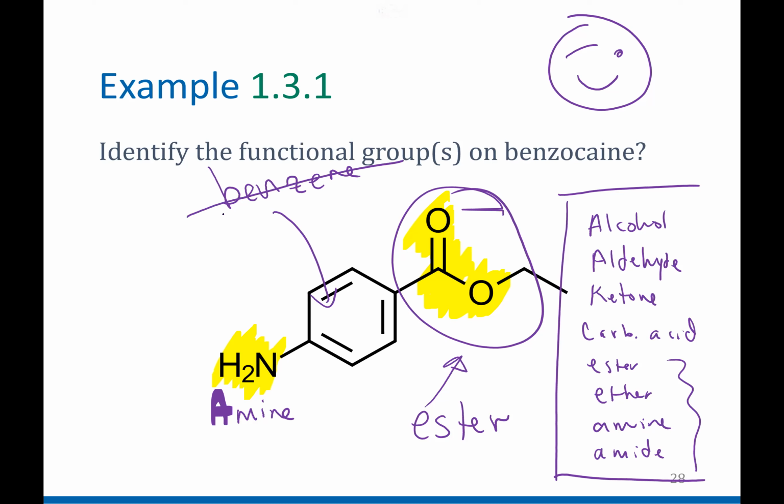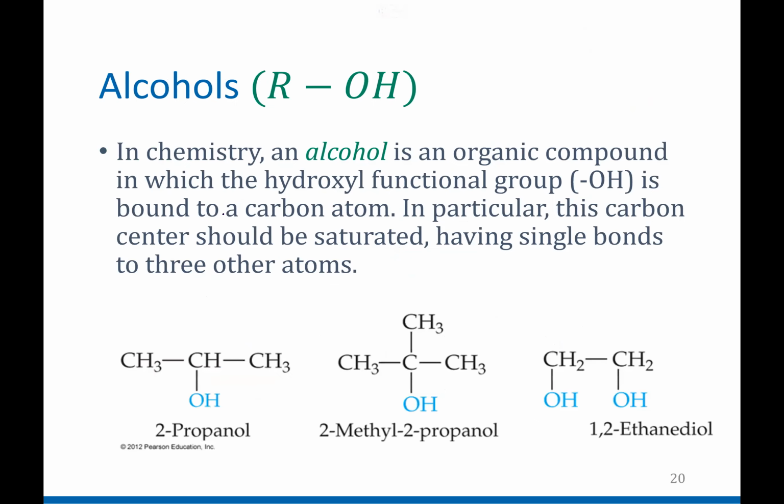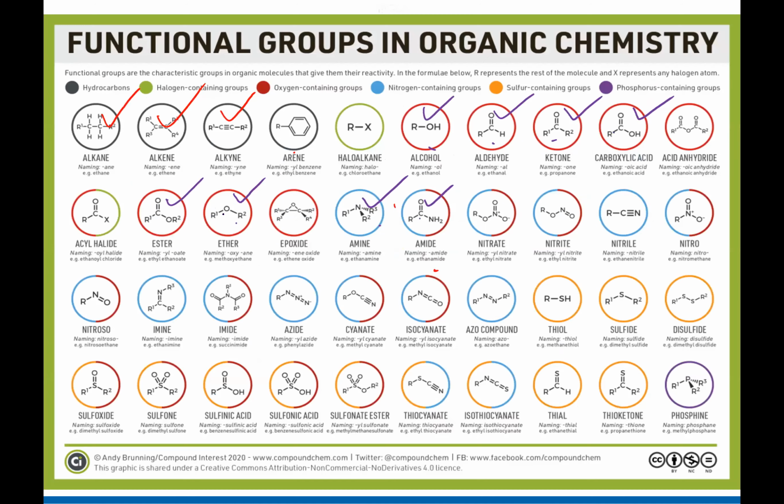There are 2. There's an amine and an ester. And for anybody who's sitting there right now thinking, what is going on? Or I don't know any of this, you need to go back and look at your notes. Make sure you review your notes. So you must know these functional groups that I have checked in this list.